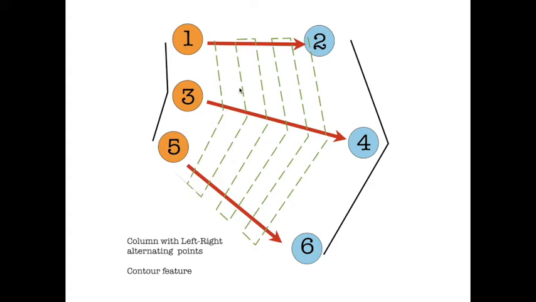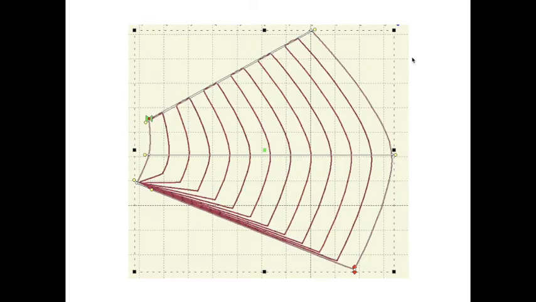That path flows perpendicular to my lines of inclination. So I'm going to get this sort of a look. In other words, the stitches are going to follow the outer boundary. What does that look like in the software? It looks sort of like this.